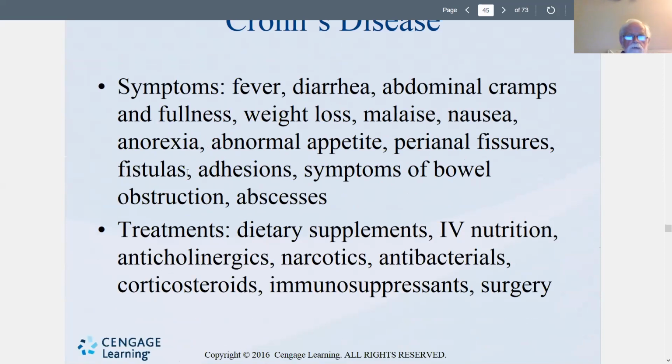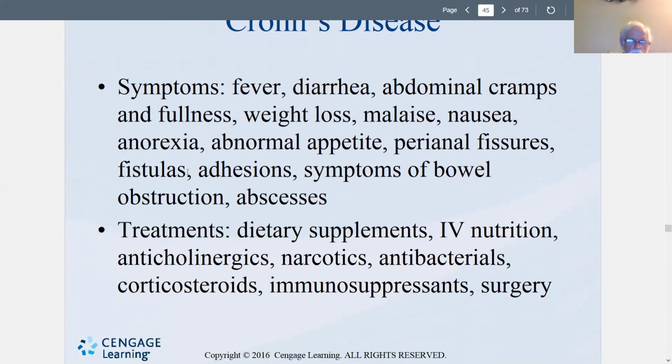Symptoms: fever, diarrhea, abdominal cramps, fullness, weight loss, nausea, anorexia, abnormal appetite. All sorts of problems can result, including abscesses in the colon or in the ileum.